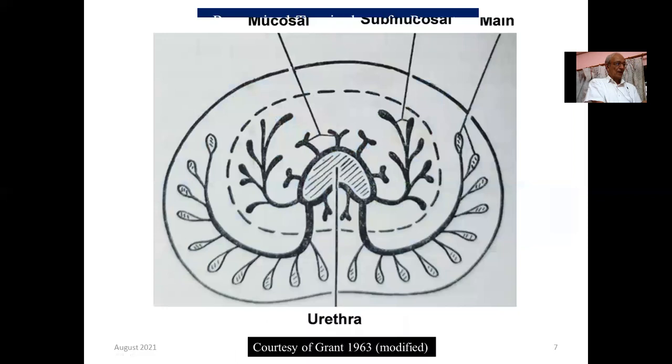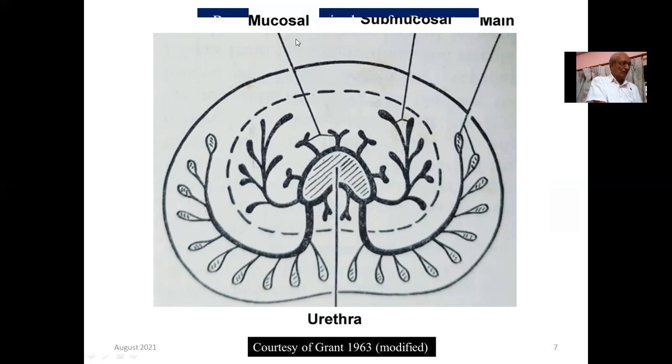And the next slide. And here the glands are shown, and I will not go into further discussion on them, we already covered. And here is a diagram of the distribution of glands, and we can see the mucosal, the submucosal, and finally the prostatic gland proper. 3 sets of glands.